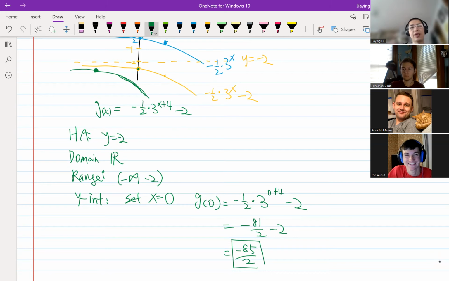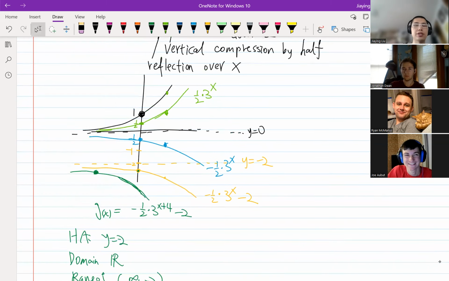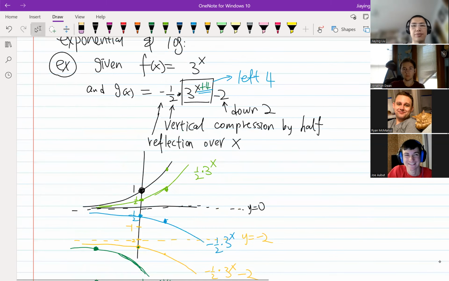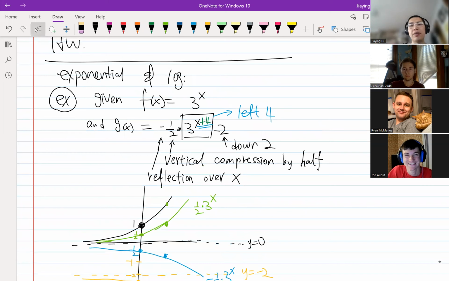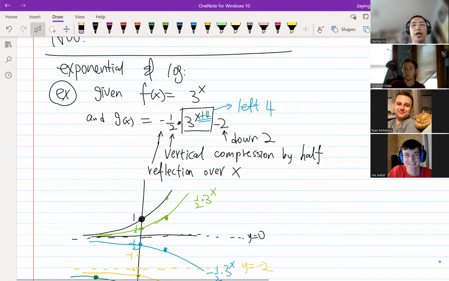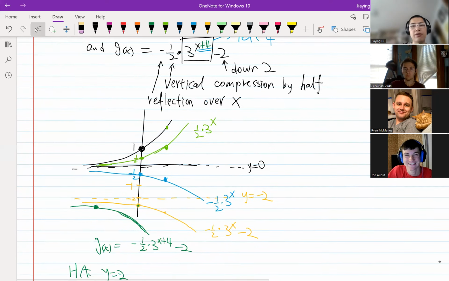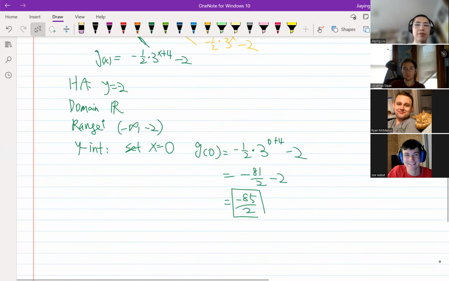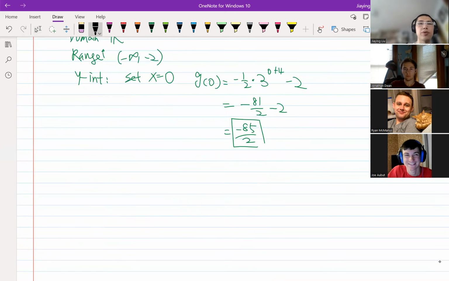So that's the y-intercept, and those kinds of questions could relate to this exponential function. I did not put in a horizontal stretch or horizontal compression, which we could have, and that's only going to affect the x. If you remember, if we multiply x by a number, we get a horizontal stretch or compression.